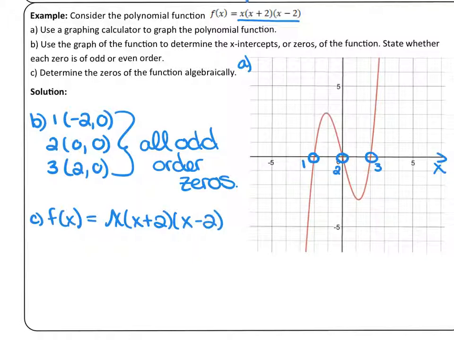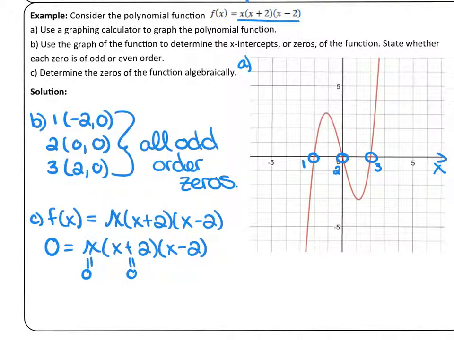The question you need to ask yourself is, what does x have to be to make the whole thing 0? When you're multiplying, all you need is one of those values to equal 0. So either this one will equal 0, this one will equal 0, or this one will equal 0. If any one of those equals 0, the whole thing is going to be 0, because anytime you multiply by 0, the answer will just be 0.